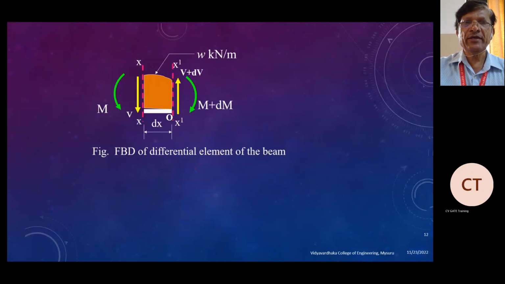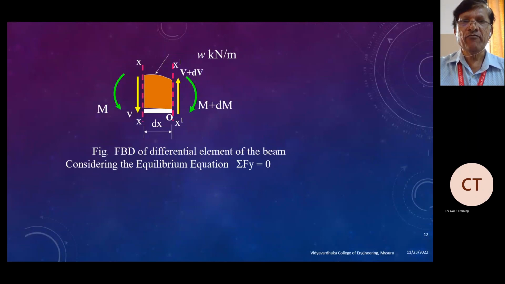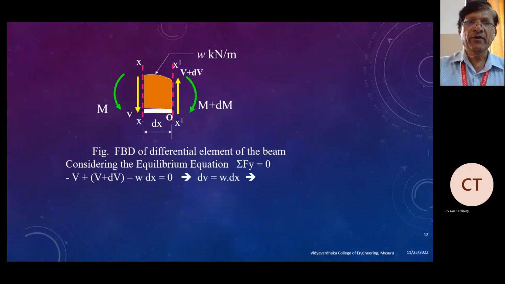Similarly, if you take the free body diagram of the differential element, all the forces will be there. If we consider the equilibrium equation, sigma Fy is equal to 0, then we consider V in the positive, acting downward is negative, V plus dV is positive, and w into dx is the total load.